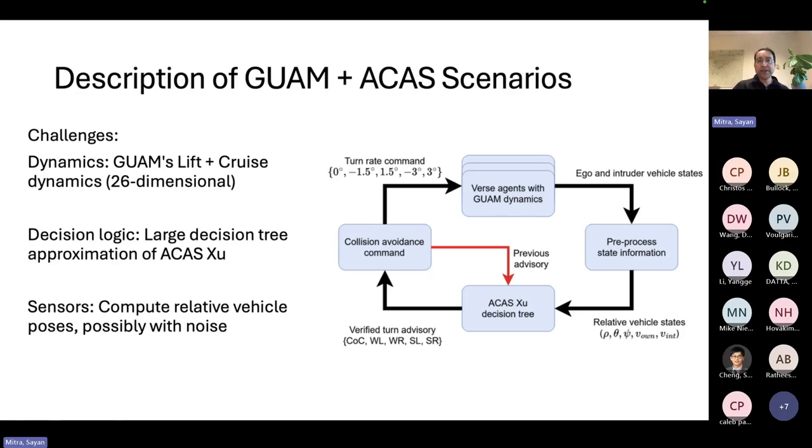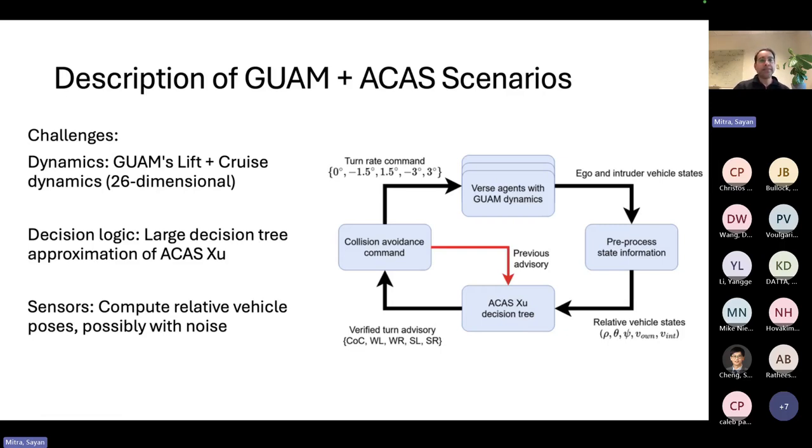As you can see, the complexity comes from the fact that there are multiple aircraft involved. Each of them has complex dynamics. The decision-making process itself is pretty complicated. Many different neural networks involved. And if you're working with the decision tree version of the protocol, then again, it's going to be a very large decision tree with hundreds, if not thousands of branches.